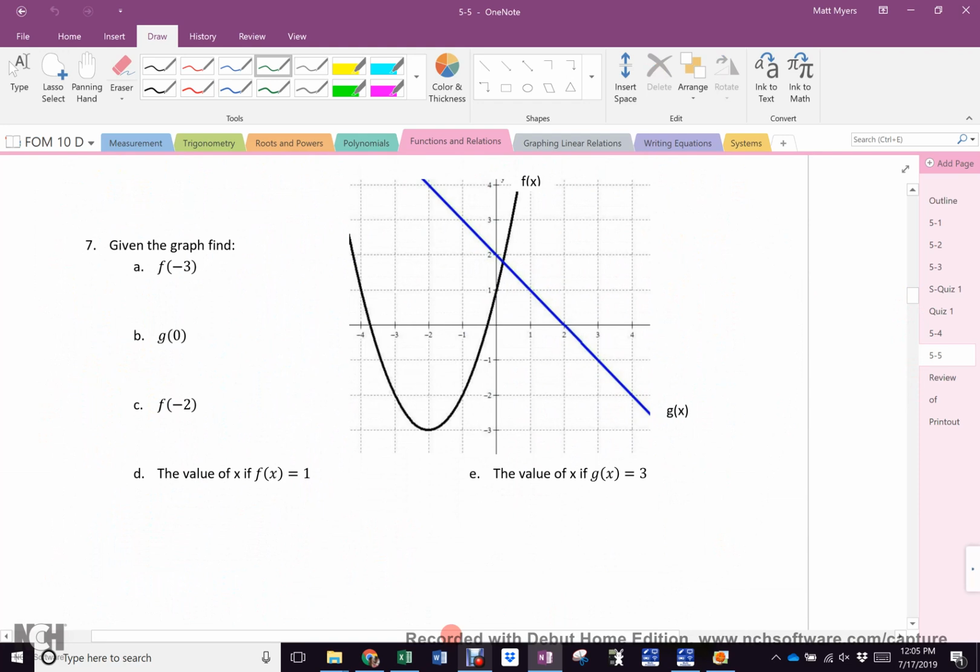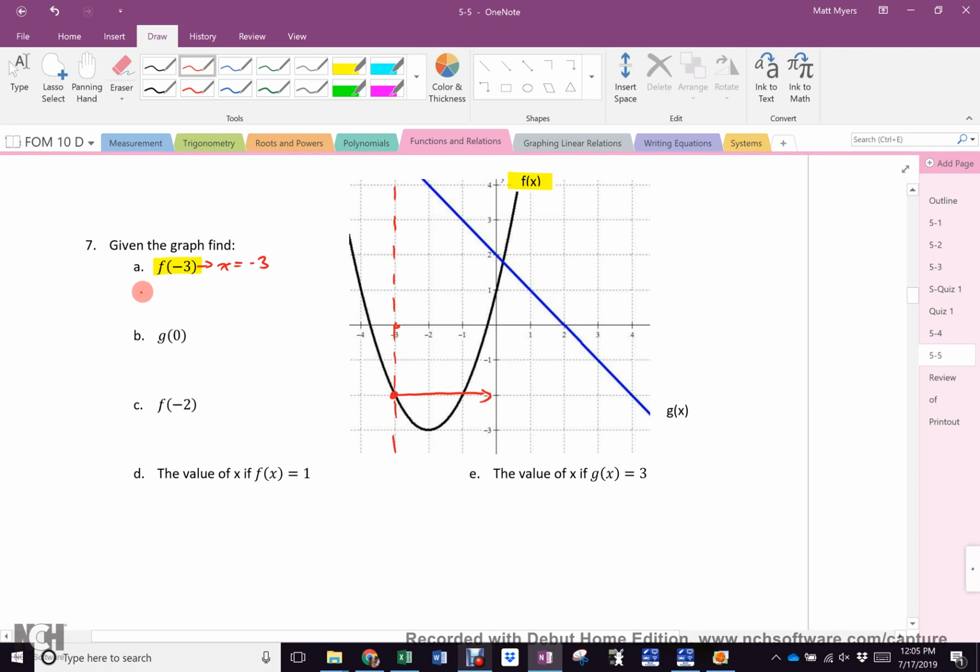Okay, ladies and gentlemen, so this is an x value on the f of x curve right there. So this says x equals -3, so I go out to -3, and this is the line I care about, and I can see that it crosses right there, which is -2.